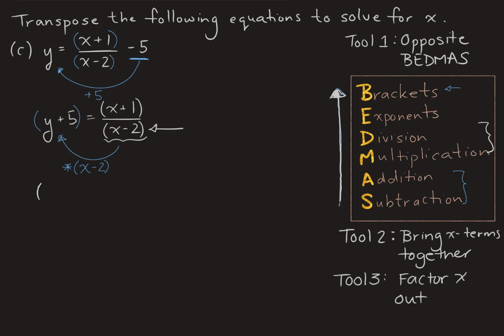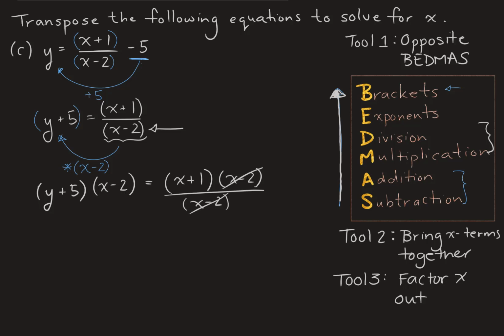So multiplying both sides by x minus 2, I get (y plus 5) times (x minus 2) is equal to (x plus 1) times (x minus 2) all over (x minus 2). And these x minus 2 terms cancel each other out, so we can ignore them, and they are essentially erased as well.